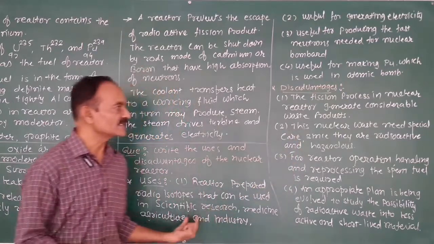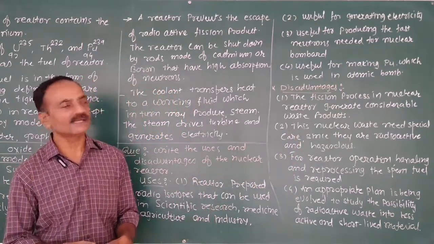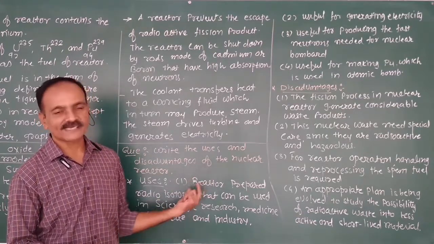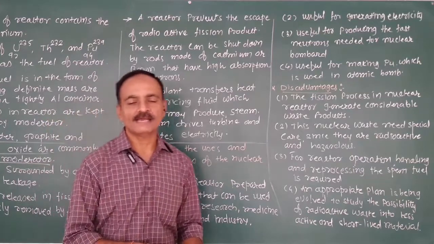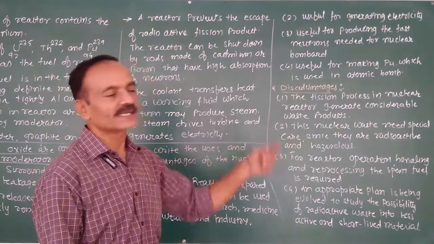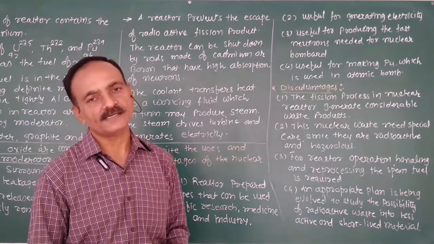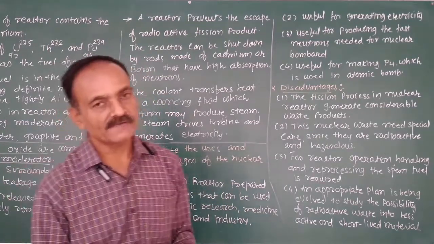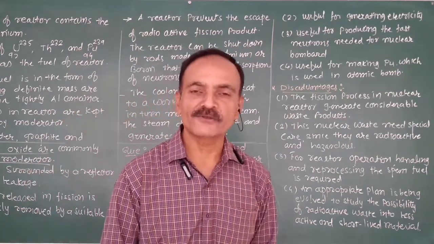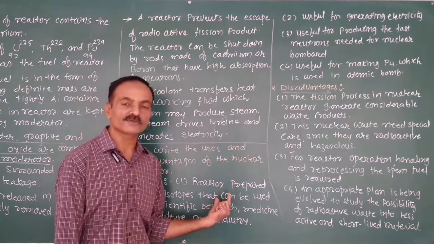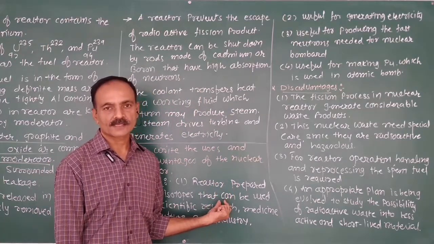So these are the uses and the disadvantages of a nuclear reactor. Sometimes a 2-mark question may be asked on the uses and disadvantages of the nuclear reactor. We should be familiar with the uses, not only the purpose of producing electricity.